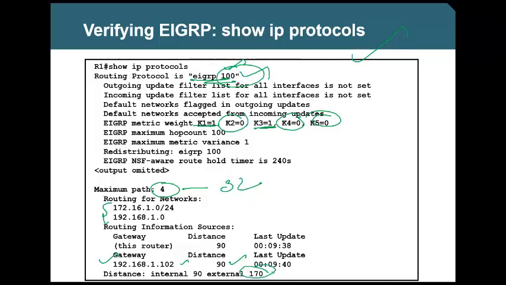So what is the administrative distance of EIGRP? It is 90 for internal, for EIGRP's own networks. For a redistributed network, a network that is coming from some other source into EIGRP, the administrative distance will be 170.